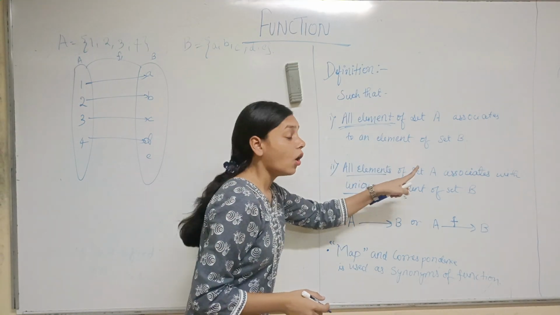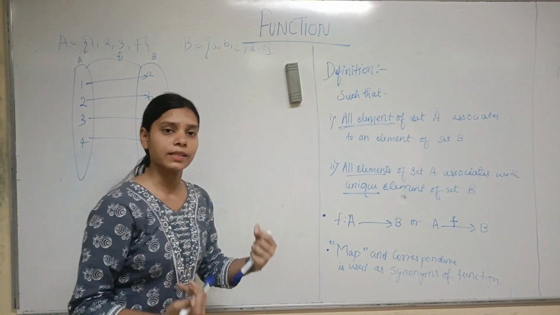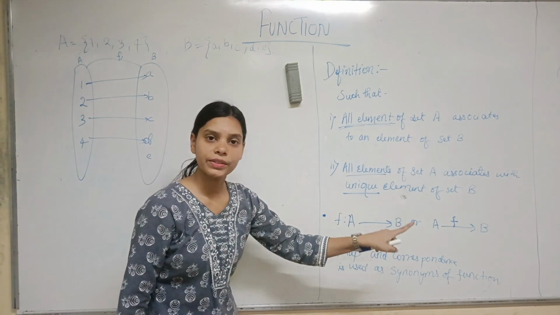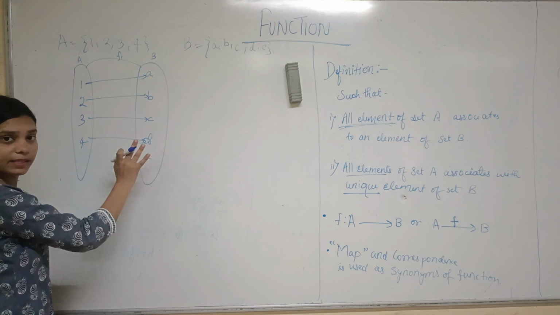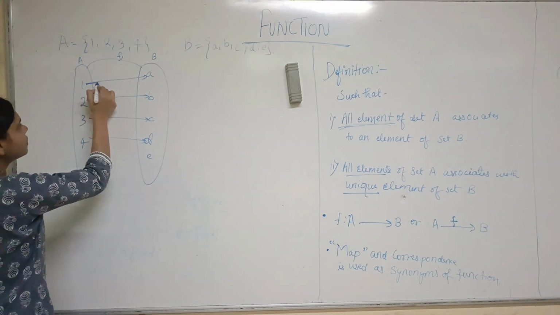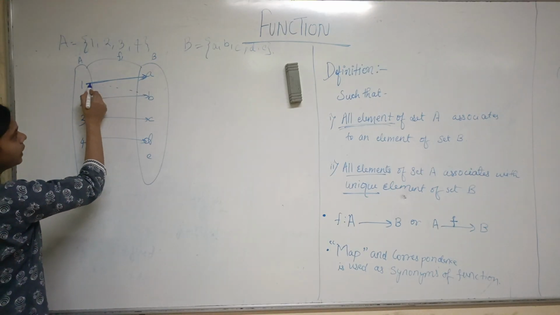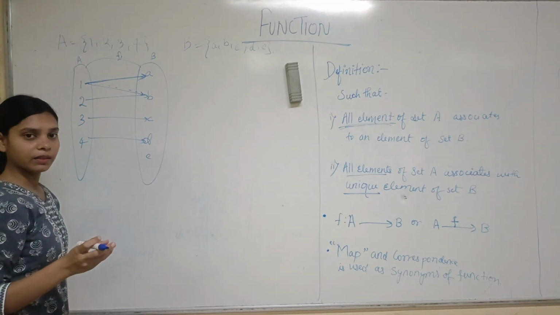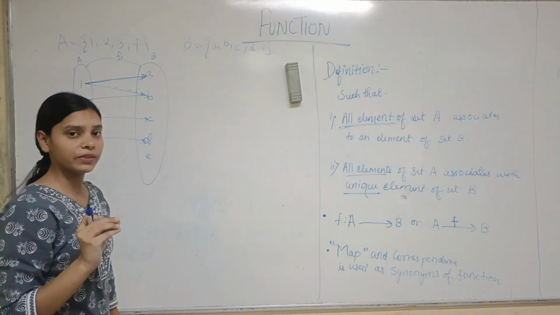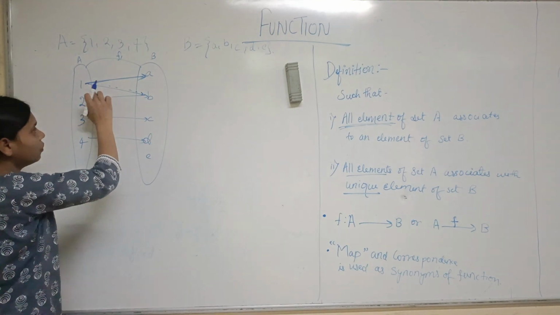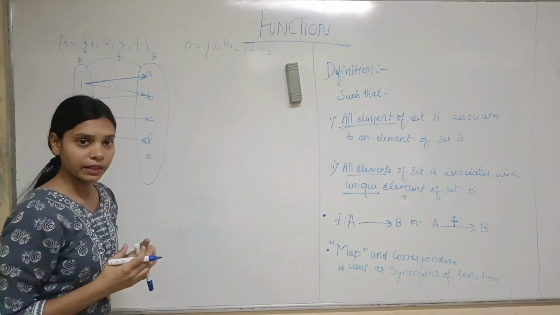Now the second condition: every element of set A associates with a unique element of set B. What is the meaning of uniqueness? Here uniqueness exists, because the first element goes to A. If the first element also went to B, then this would not be unique, because 1 would have two associations: one goes to A and also one goes to B. So we could not say that 1 has a unique association.